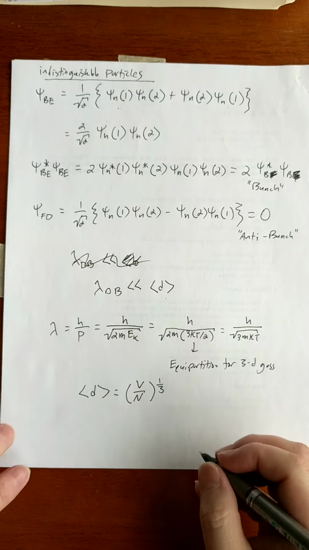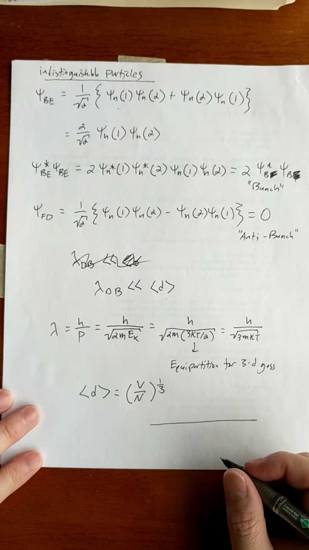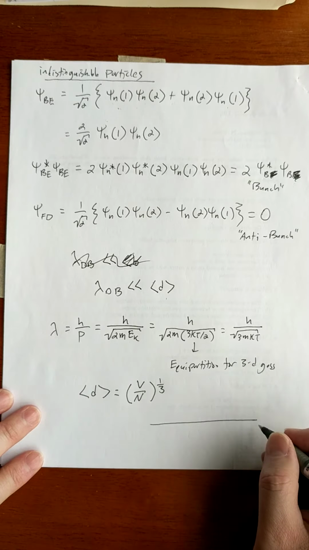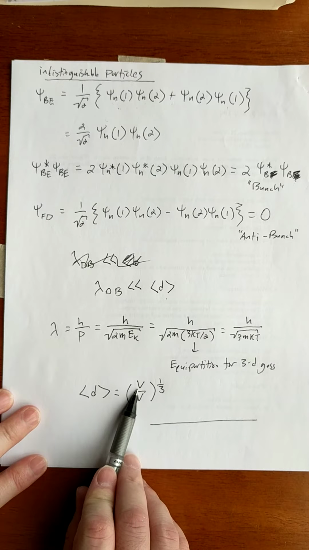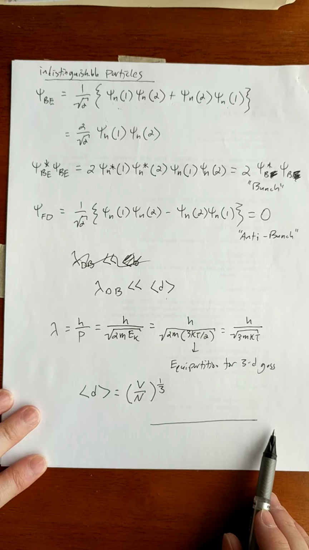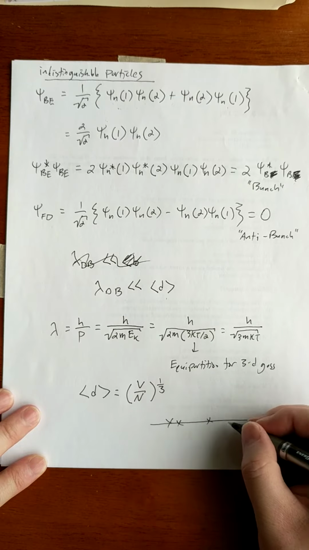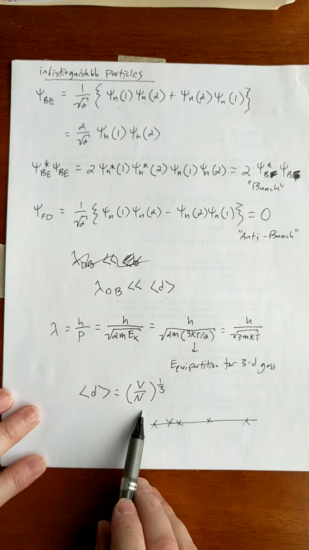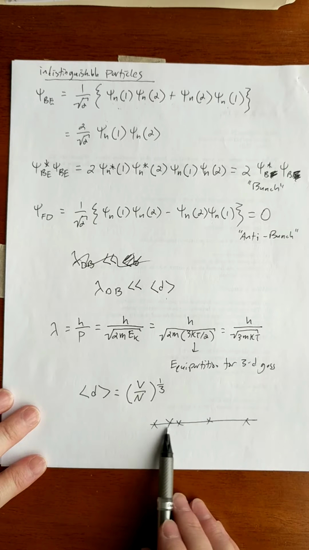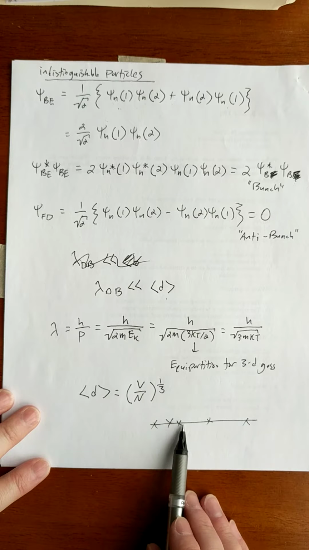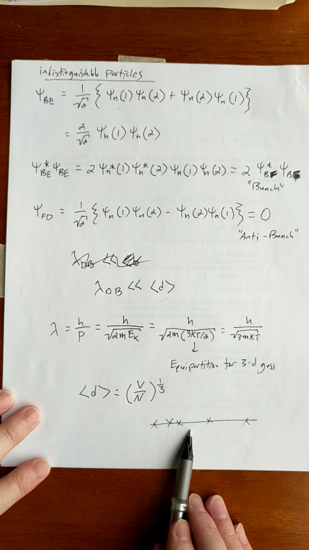You imagine that if I just had a line, a 1D system, the analog of volume for a 1D system is just the length. So I have a line of some length, and I scatter some number of particles on there randomly. It's just the average distance between them is how long the line is divided by how many particles I've scattered on there.